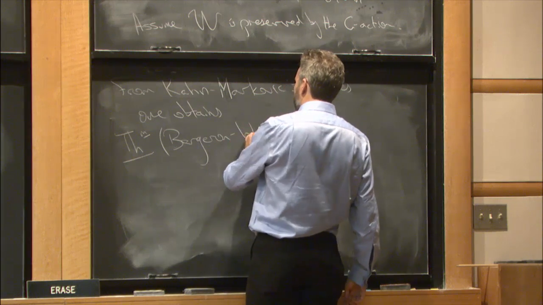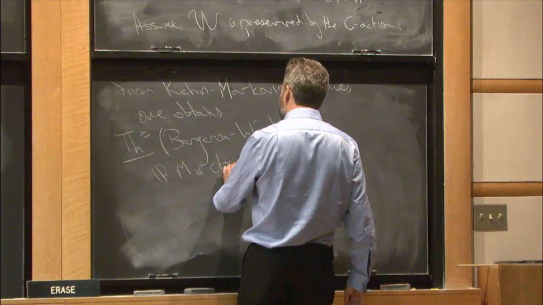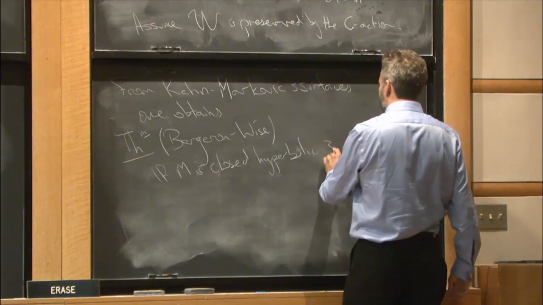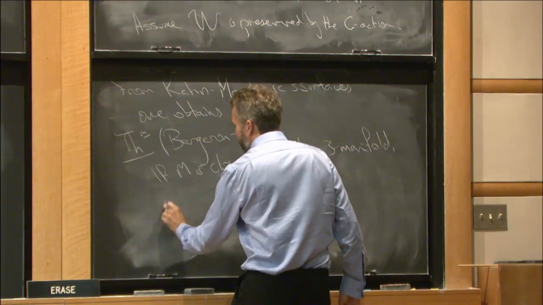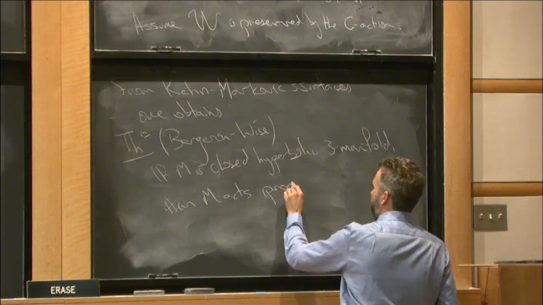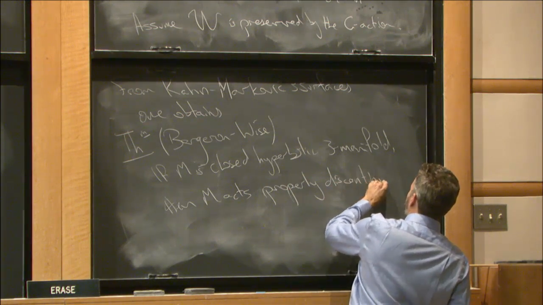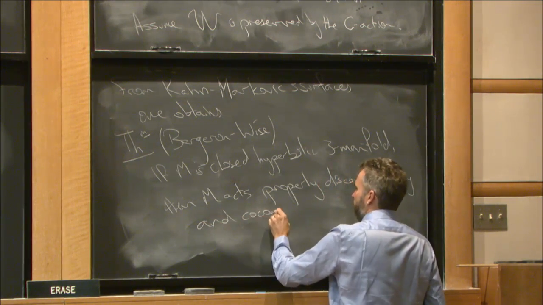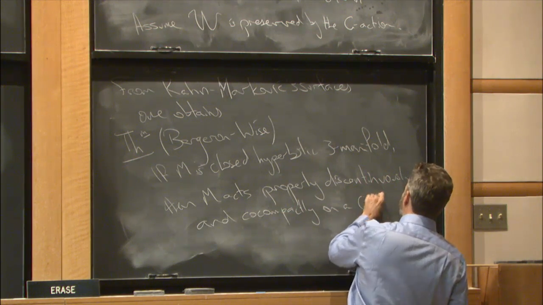It says if M is a closed hyperbolic 3-manifold, then M acts properly discontinuously and co-compactly on a CAT(0) cube complex.